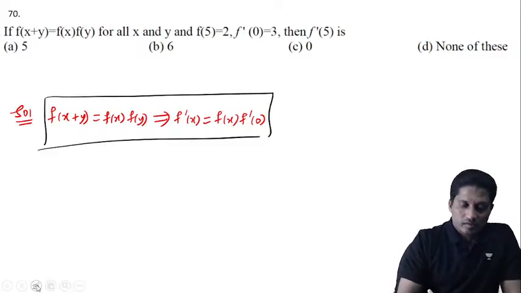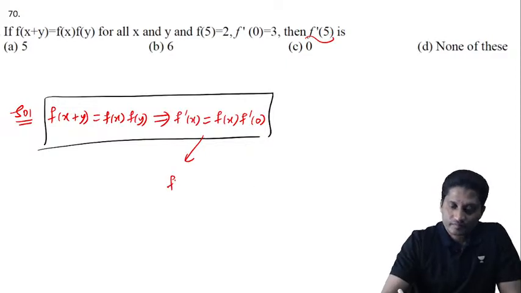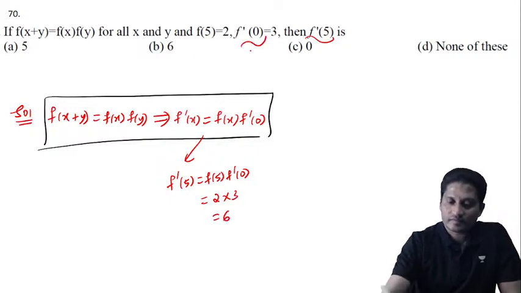Now I'm supposed to find out what is f dash of 5. F dash of 5 is equal to f of 5 into f dash of 0. F of 5 is 2, f dash of 0 is 3. Answer will be equal to plus 6.